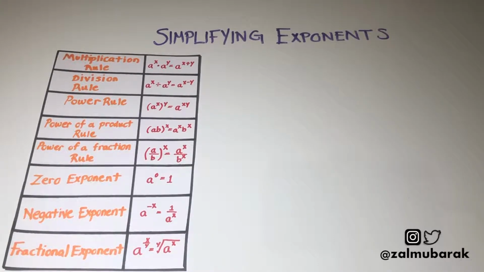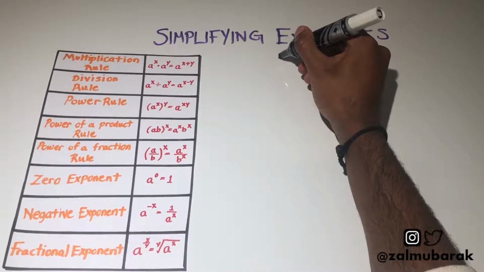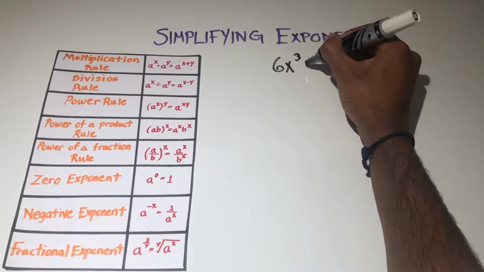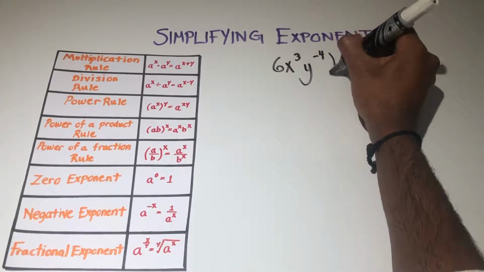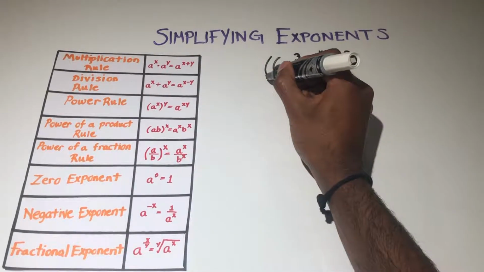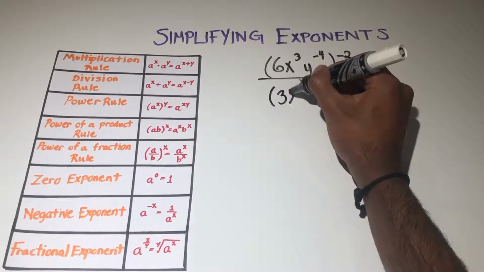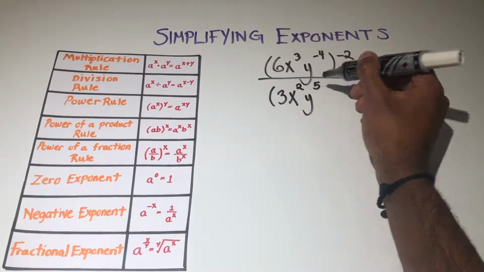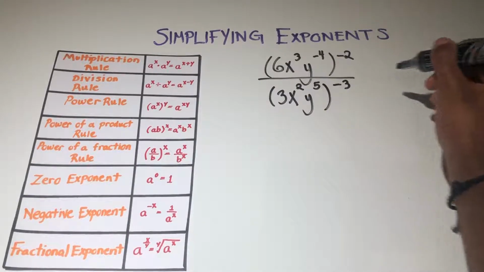Now we're given an example here. We have (6x to the power of 3 times y to the power of -4, and all this is to the power of 2, over 3x squared times y to the 5th, and all this is to the power of -3.